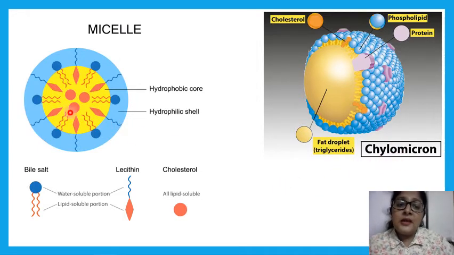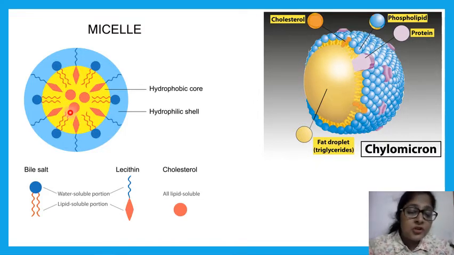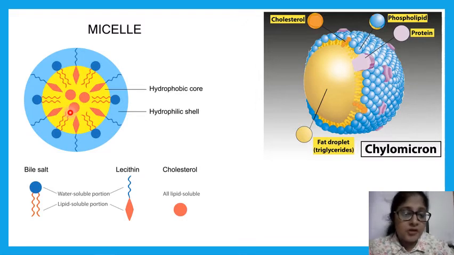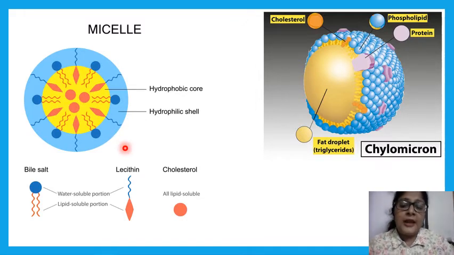A micelle is produced with three major components: the bile salt, the monoglyceride and the fatty acid, which are combined with phospholipid molecules.